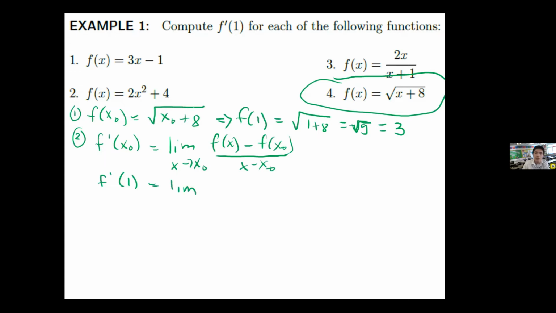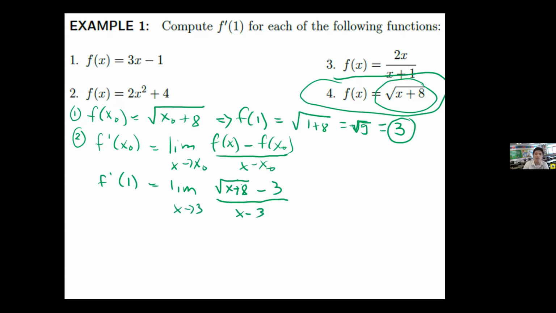Substitute the square root of x plus 8, minus f of x sub 0, which is 3. So minus 3, over x minus 3 as x approaches 3.